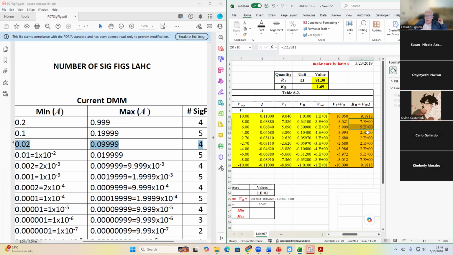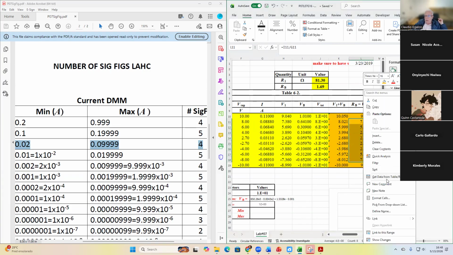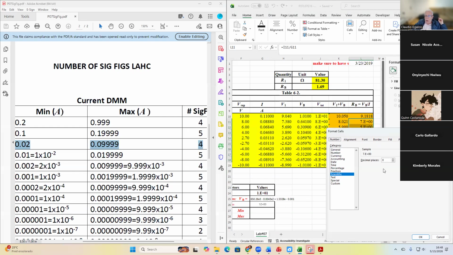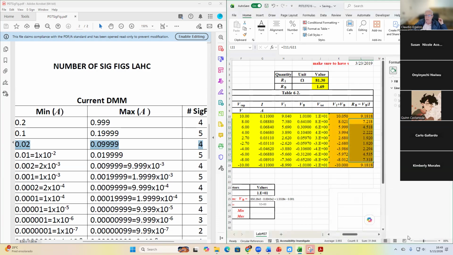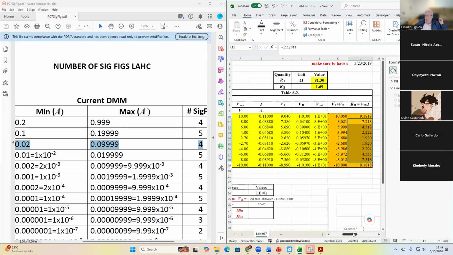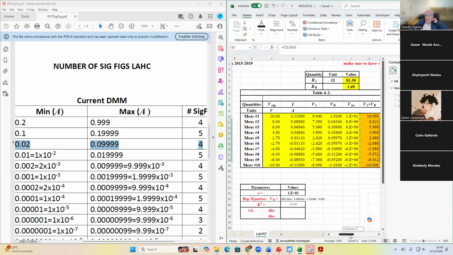And also we must display it with 4 significant figures. Format cell. 4 significant figures should be 3 decimal places. So I did all the significant figures here for you, right?